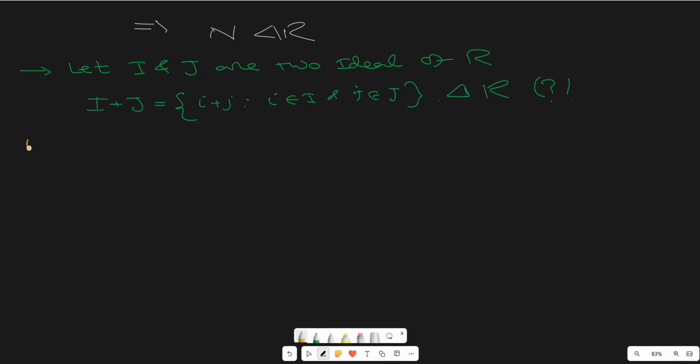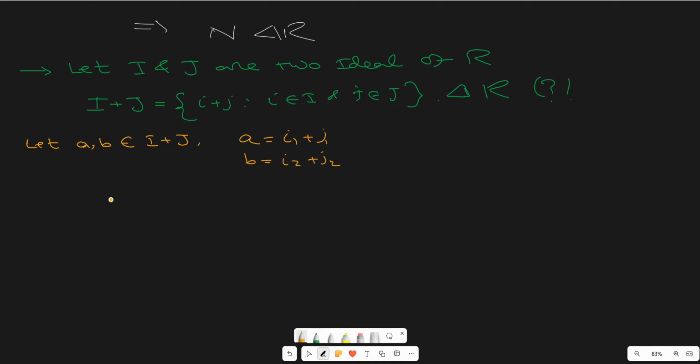Suppose a and b are two members of I plus J. So a will be some i1 plus j1, and b will be some i2 plus j2, where i1, i2 are in I and j1, j2 are in J. I am just giving you a small idea.